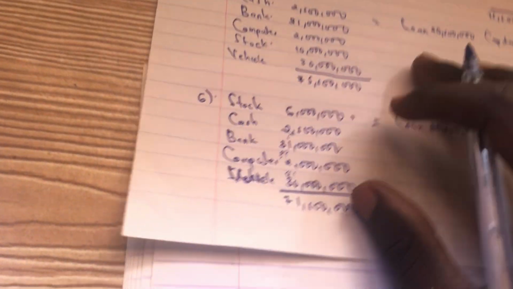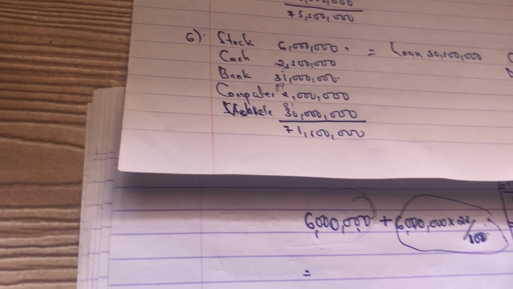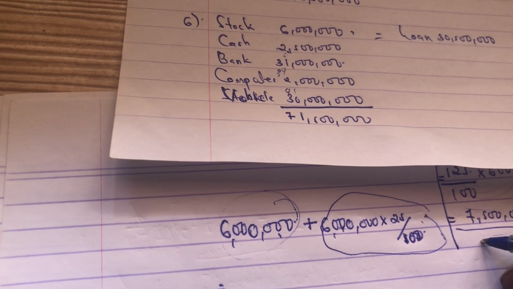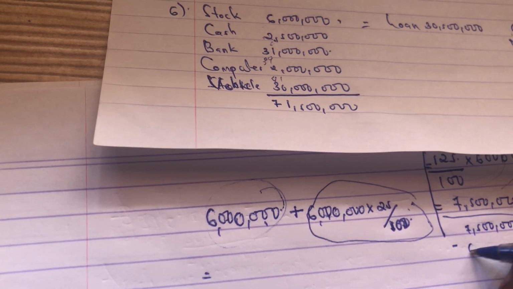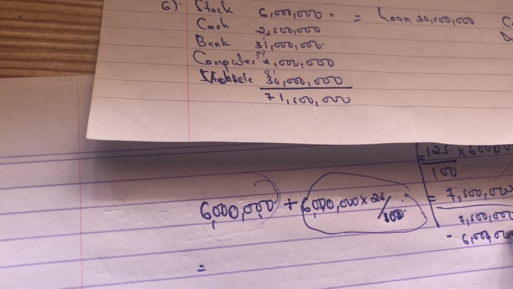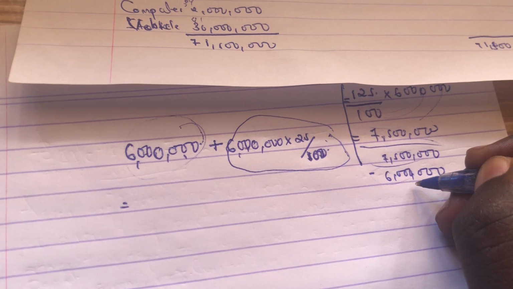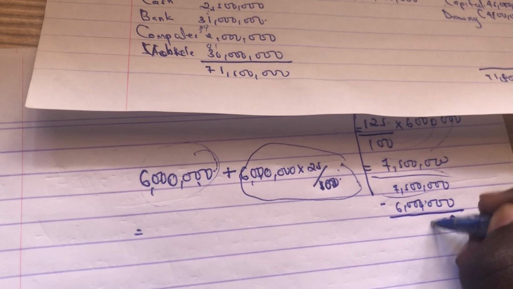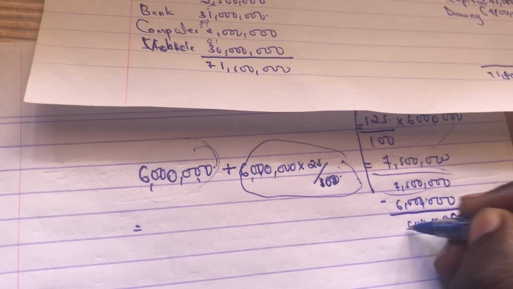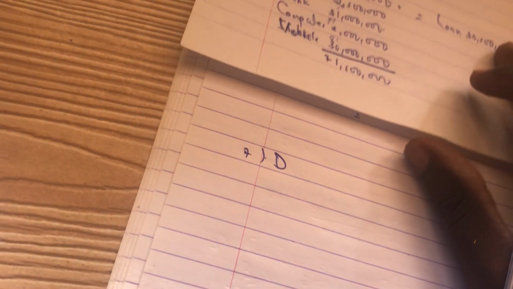So that means, if this is our profit now, it will be 7.5 million minus the 6 million, the amount that we sold them from, because this is the original selling price minus the cost price. That means we shall remain with 1.5 million. It means we have made a profit of 1.5 million from selling on credit.